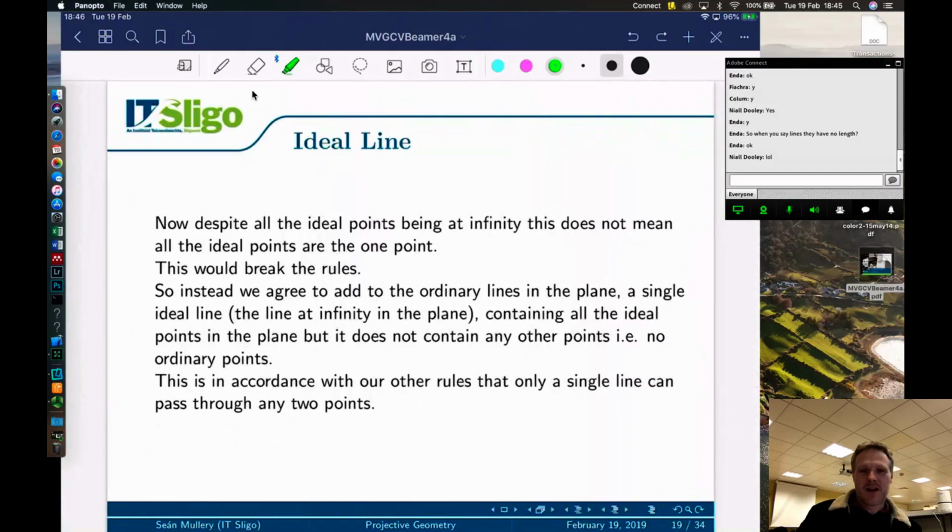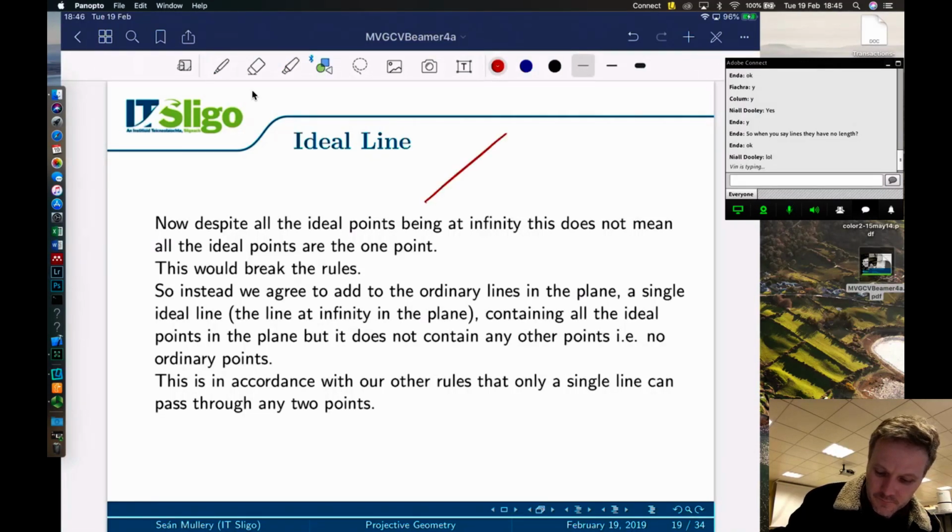Now, this brings us on to the idea of an ideal line. So despite all the ideal points being at infinity, this does not mean that all ideal points are the one point. That's not the case. If I have these two parallel lines here, they're going to meet at an ideal point somewhere.